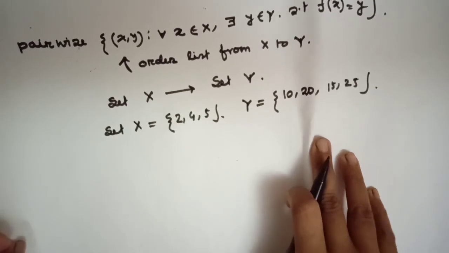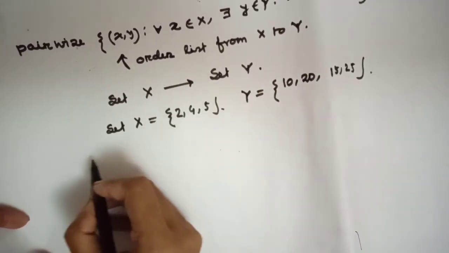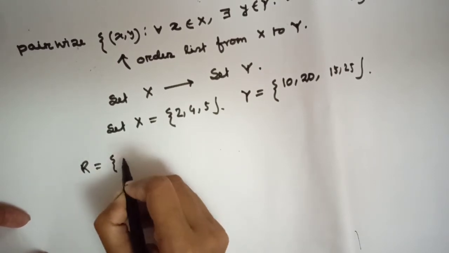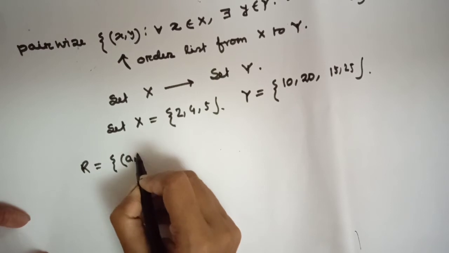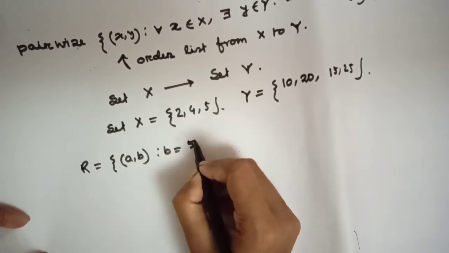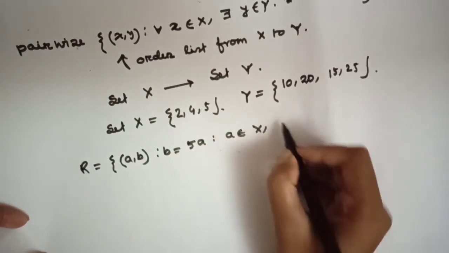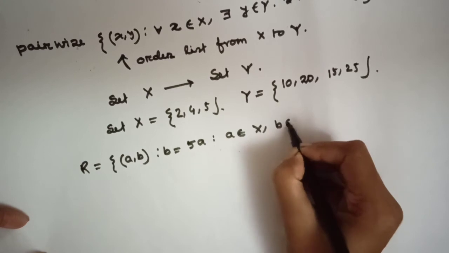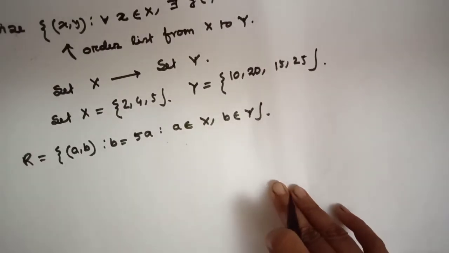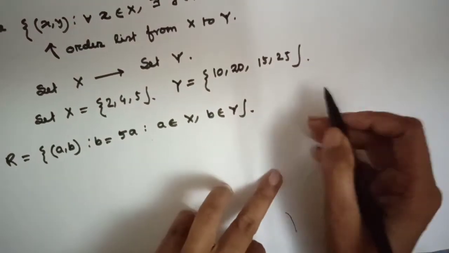Okay. In the set, build a relation R equal to the set of elements AB such that B equal to 5 times A, where A belongs to capital X and B belongs to capital Y. This is the arrow diagram. Let's see the picture.